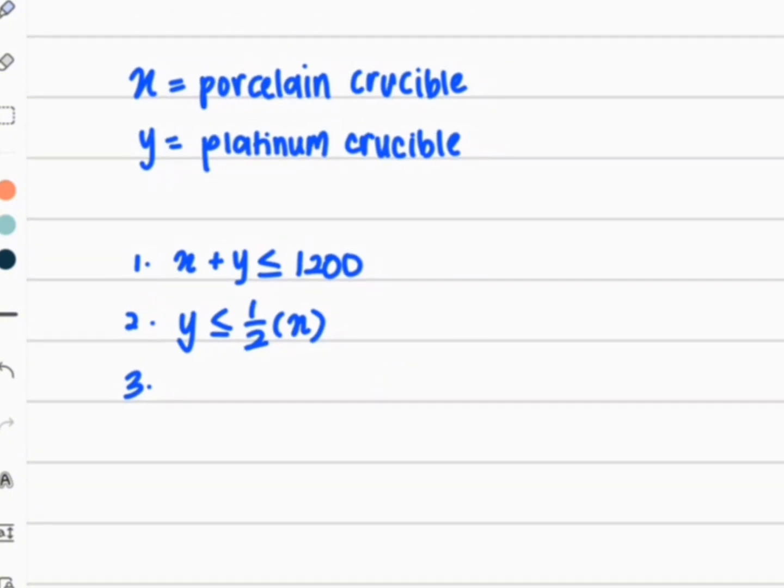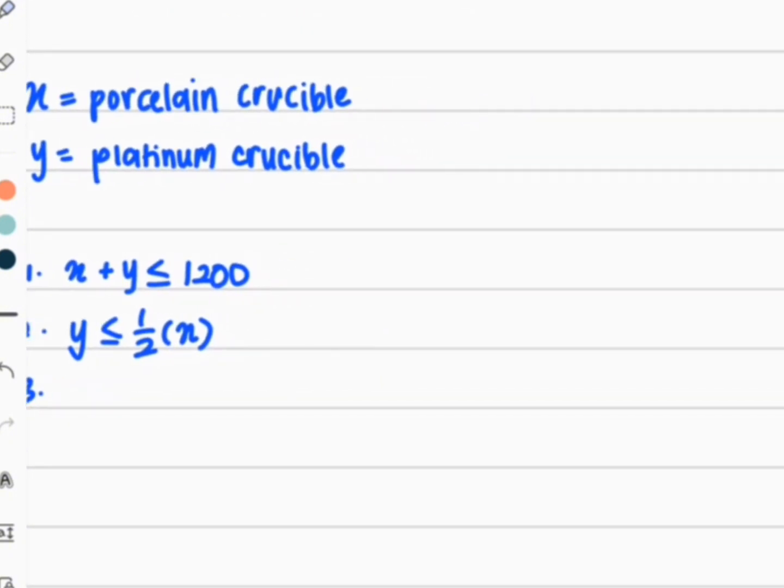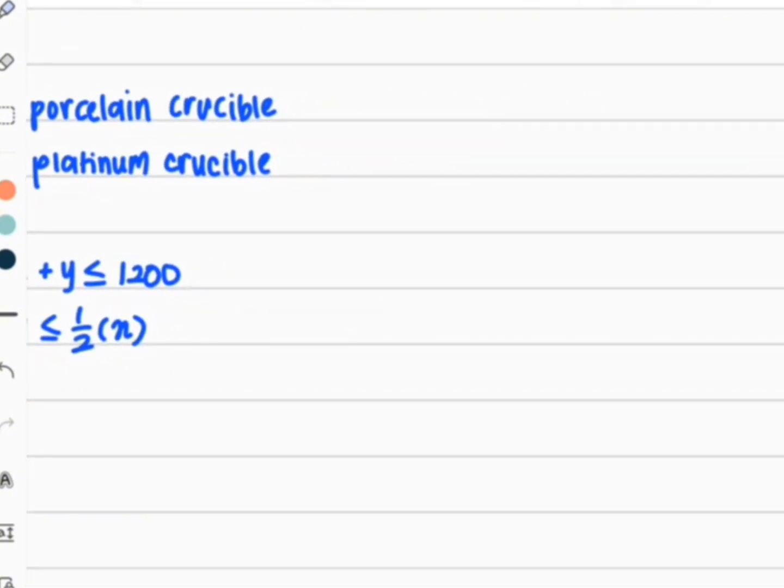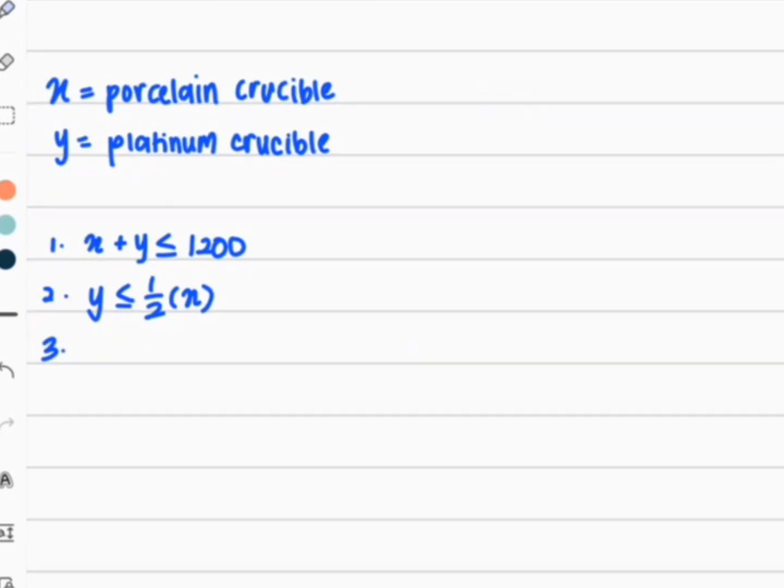Number 3, the production level of porcelain crucible is less than or equal to 600 units plus 3 times the production level of platinum crucible.